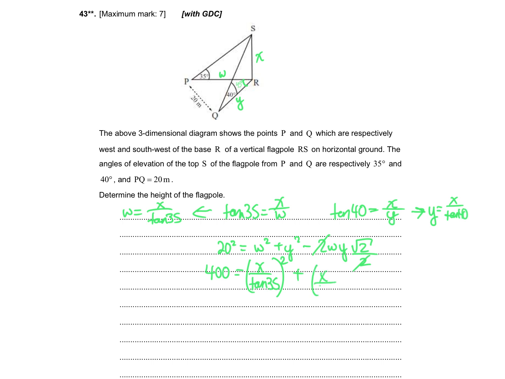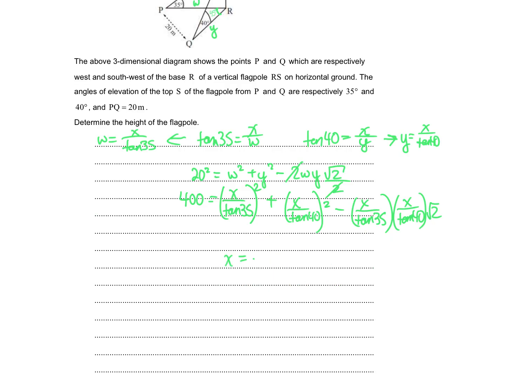So x over tan 40 squared minus w again, x over tan 35, y again, x over tan 40, and root 2. And then we should end solve this. And you should get x is 19.5 meters.